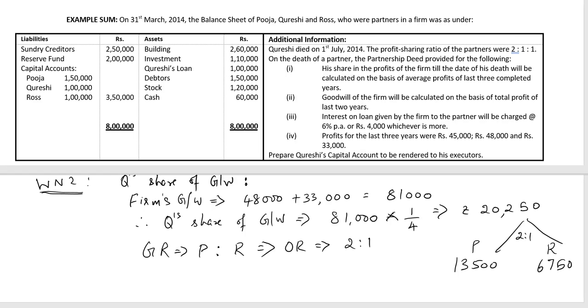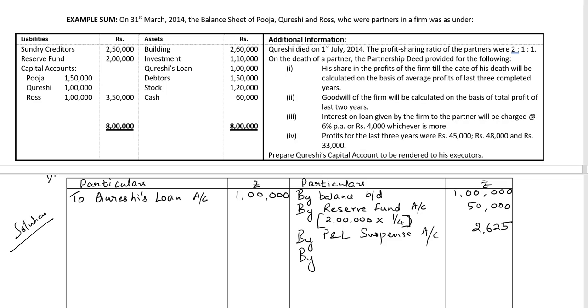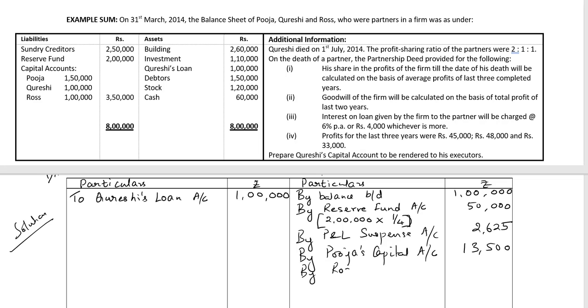So we need to debit Pooja's capital account with 13,500 and Ross's capital account with 6,750 rupees. So let's do that. We've dealt with the goodwill.